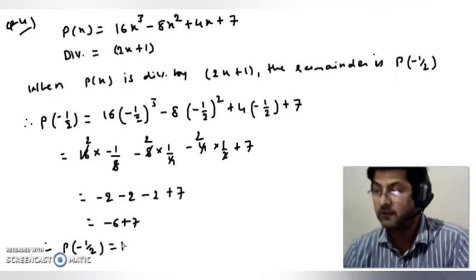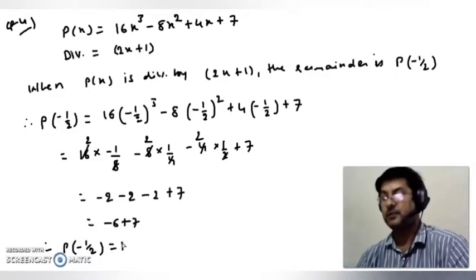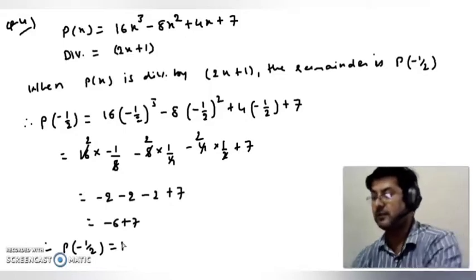Obviously, we will subtract 1 from p of x, okay, such that 2x plus 1 is a factor.